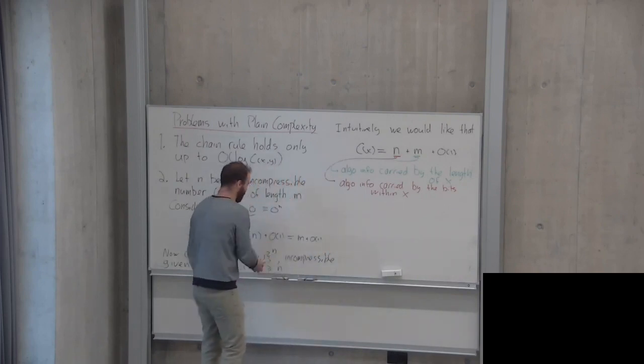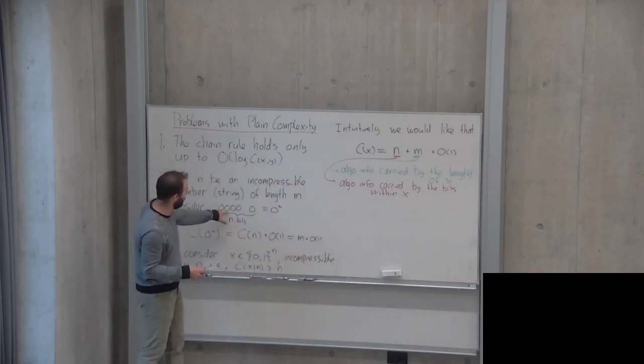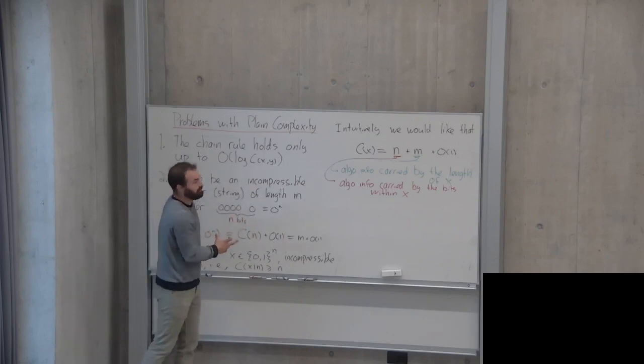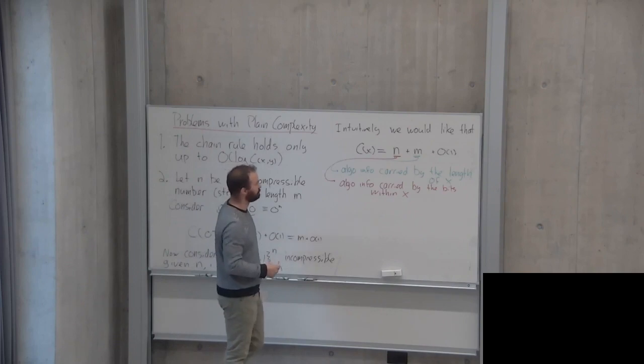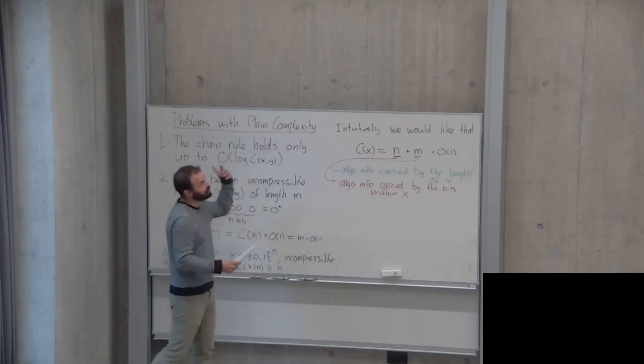Okay, it's a bit of a metaphoric way of saying that, since x is not going to be highly structured like this string, but is going to contain plenty of zeros and ones, quotienting out the size, what remains still seems to be n bits of algorithmic randomness, algorithmic information. So intuitively we would like that.